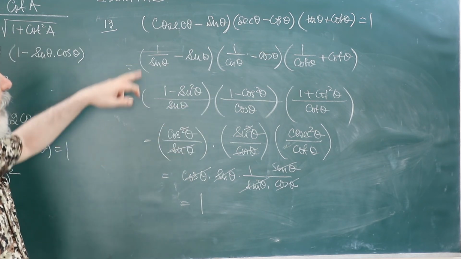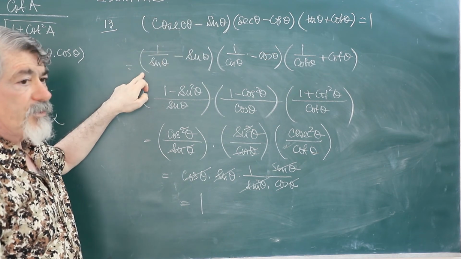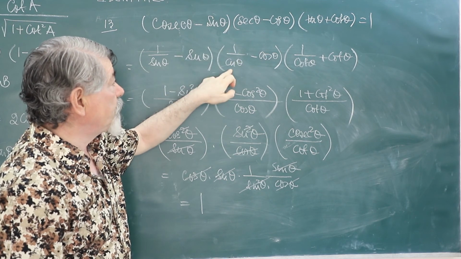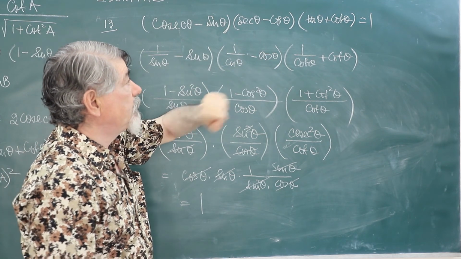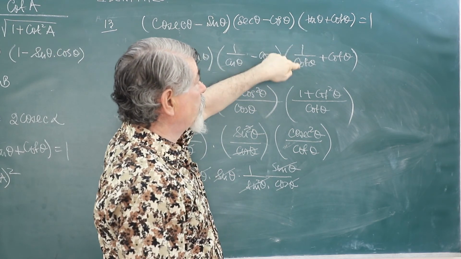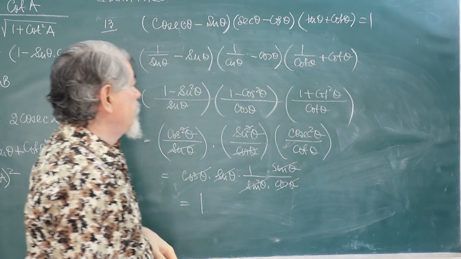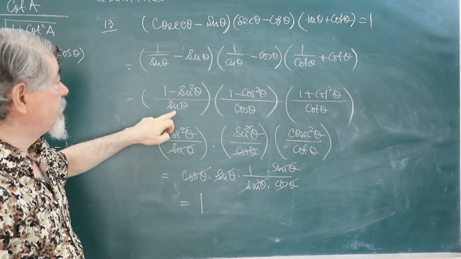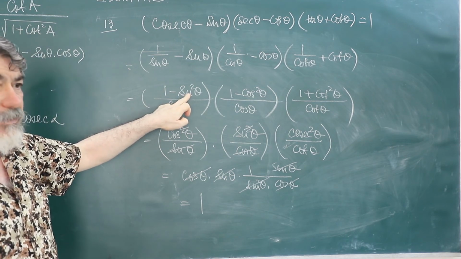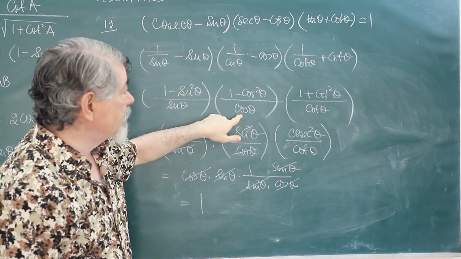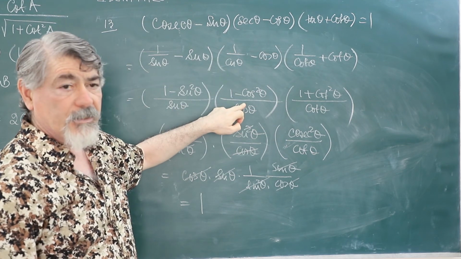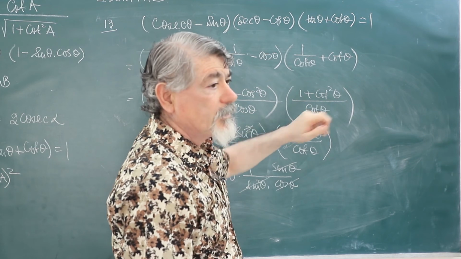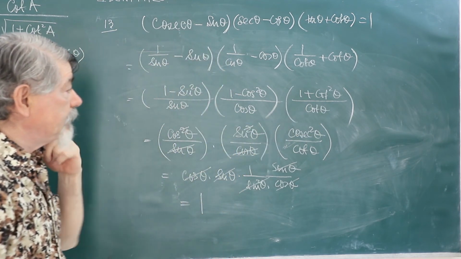Answer is 1. Cosec theta is 1 upon sin theta minus sin theta, sec theta is 1 upon cos theta minus cos theta, tan theta I have written as 1 upon cot theta plus cot theta. We took the LCM in the first bracket, sin theta, 1 minus sin square theta. Here I took the LCM cos theta, 1 minus cos square theta. Here I took the LCM cot theta, 1 plus cot square theta.